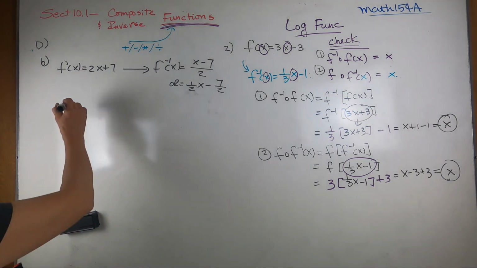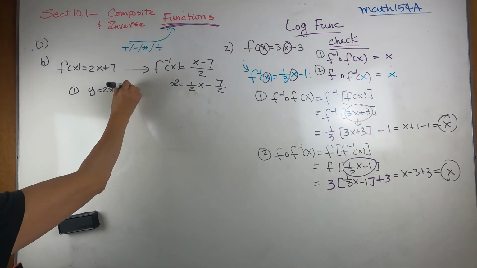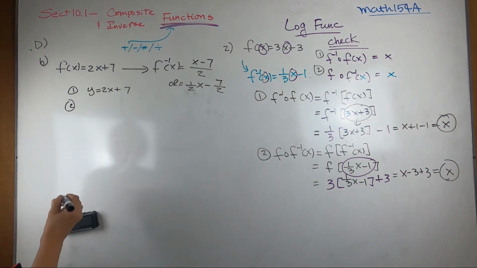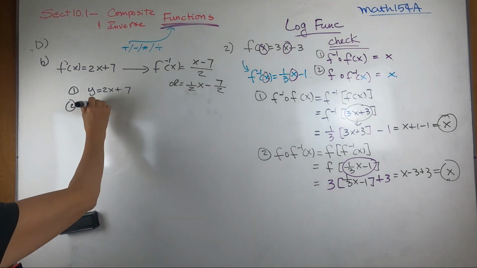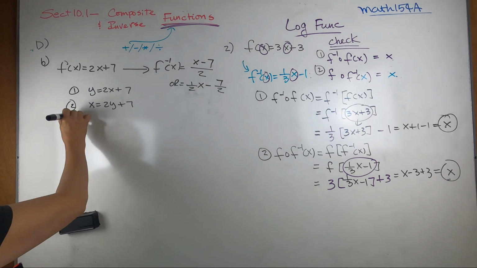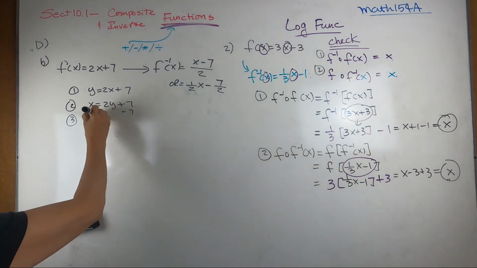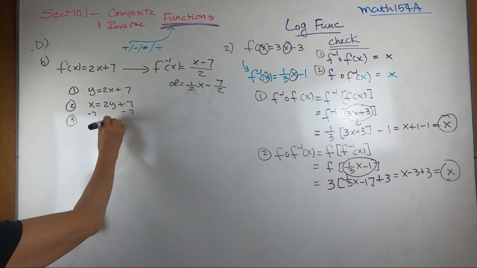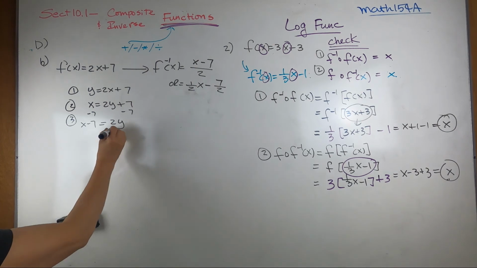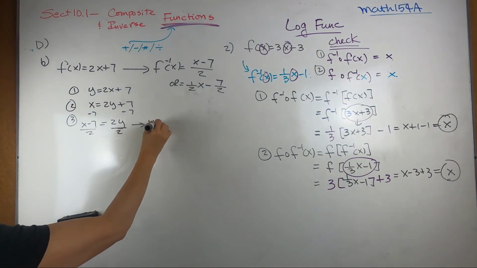So first step, you write y equals 2x plus 7, right? Second step, switch: x equals 2y plus 7. Third step, solve it, get y by itself, right? So 2y equals x minus 7, then divide by 2. So your y is what?